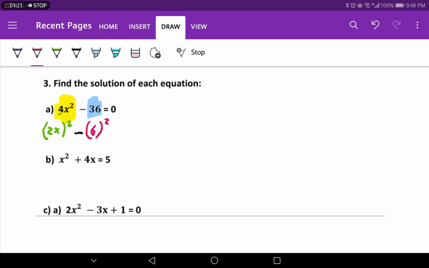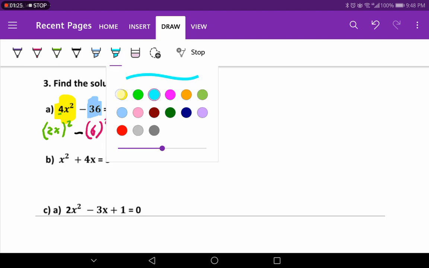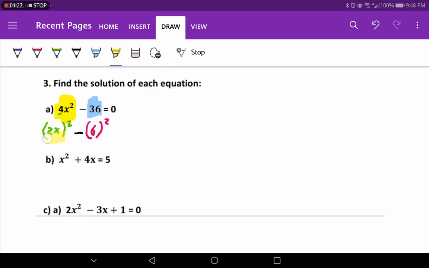So if you see a situation like this, my dear student, you have to know you are dealing with a special case, which is a difference between two squares. And how can you solve it easily?